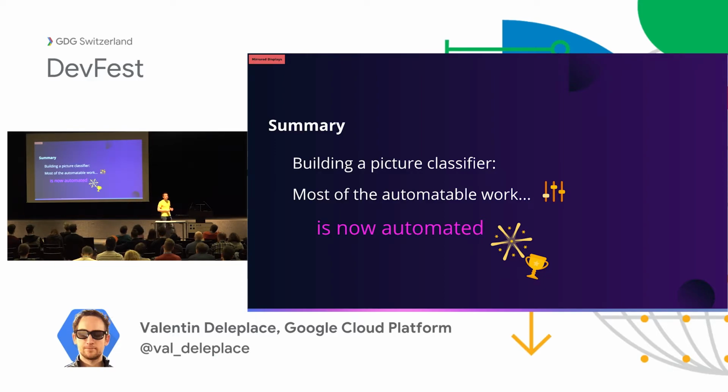You don't have to be very proficient in many specialized programming languages or libraries or frameworks. Most of the automatable work is now automated. So this is really enjoyable, and this is why this talk is classified beginner. Any of you can try it right away. You just have to gather a few hundred pictures and enjoy the inference.